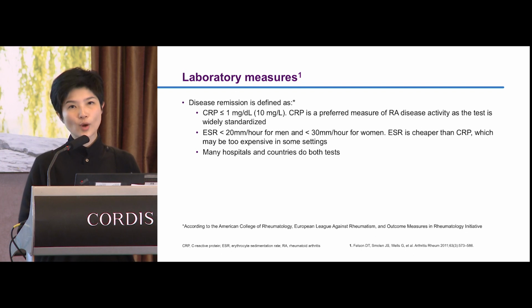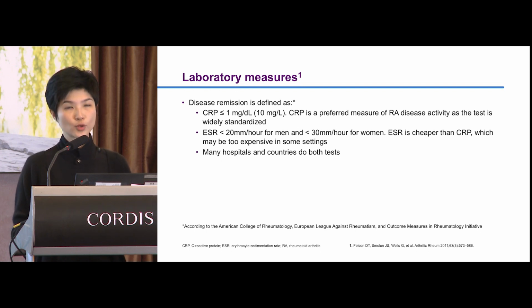But sometimes we also check ESR, and for ESR, the normal reading for men is less than 20 millimeters per hour, and for women is less than 30 millimeters per hour. ESR is less expensive than CRP, but many hospitals and countries do both tests. In Hong Kong, we do both tests in most rheumatology units.